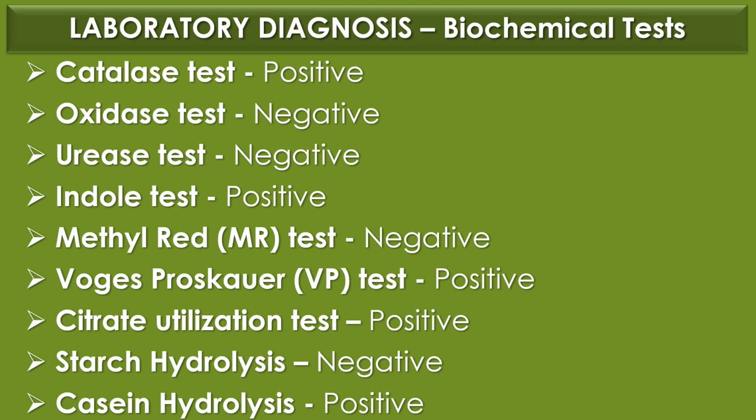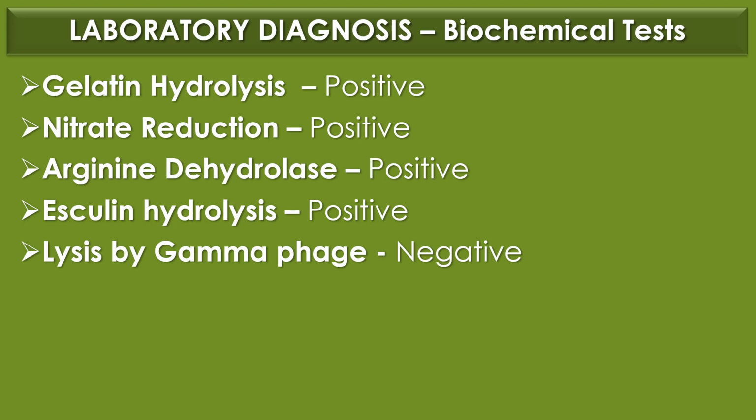Next, biochemical tests for Bacillus cereus identification. Catalase test positive, oxidase test negative, urease test negative, indole test positive, MR test or methyl red test negative, Voges-Proskauer test or VP test positive, citrate utilization test positive, starch hydrolysis negative, casein hydrolysis positive, gelatin hydrolysis positive, nitrate reduction positive, arginine dihydrolase positive, esculin hydrolysis positive, and lysis by gamma phage negative.